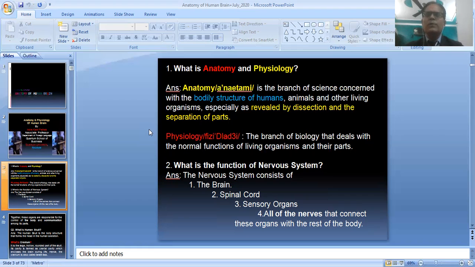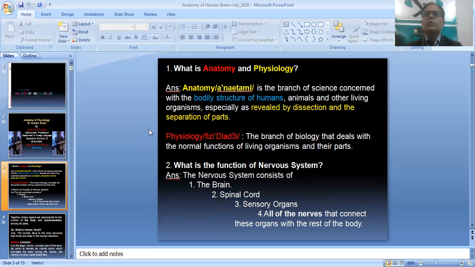First I will tell you the function of the nervous system, and before that, how the nervous system is made up. You know very well, my dear friends, that we are multicellular organisms. Billions and billions of cells are there in our body, and all these cells unite together and form tissues.